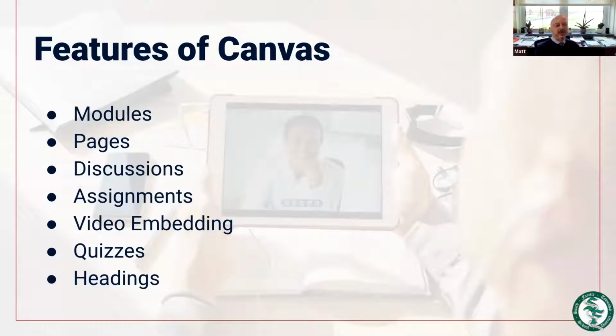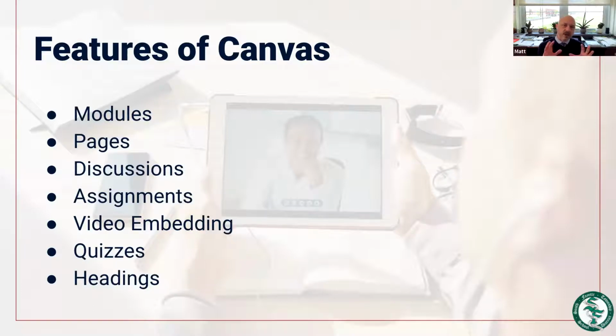So looking at Canvas, we'll be talking about using the following features in Canvas: organizing content in modules, using pages, discussions, assignments, a video embedding tool, whether that's the Canvas video tool or another tool, using quizzes, and then using headings.